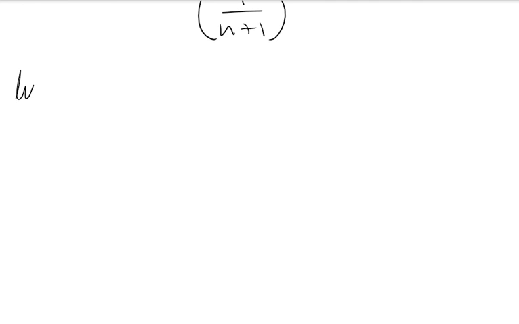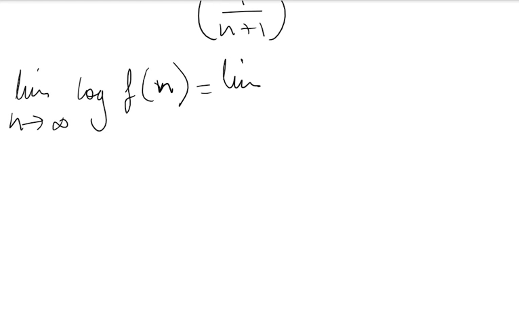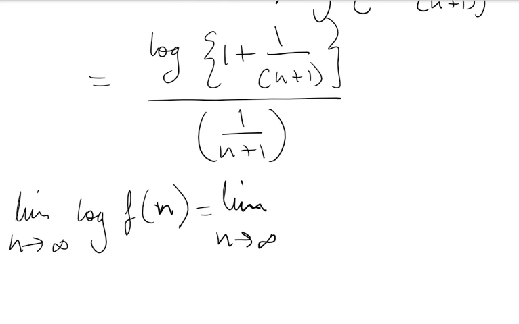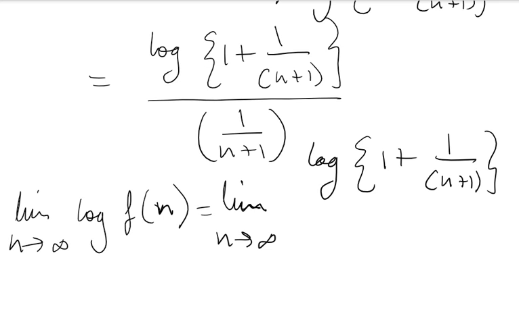limit n tends to infinity log f of n is equal to limit n tends to infinity, the top one is log (1 plus 1 by n plus 1) divided by 1 by n plus 1.